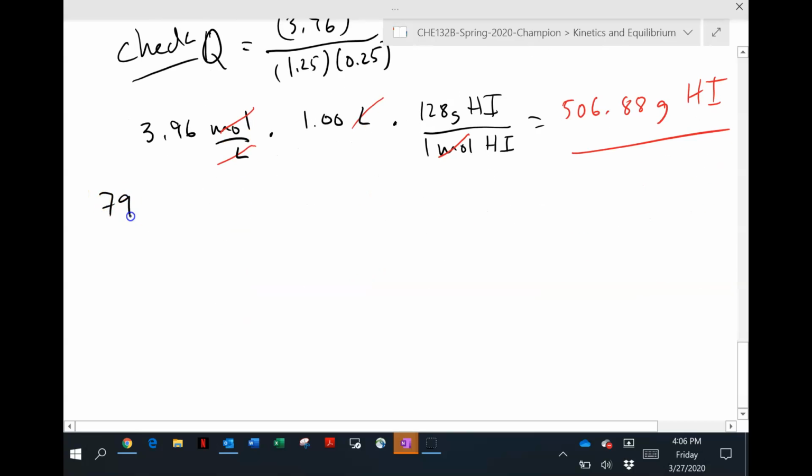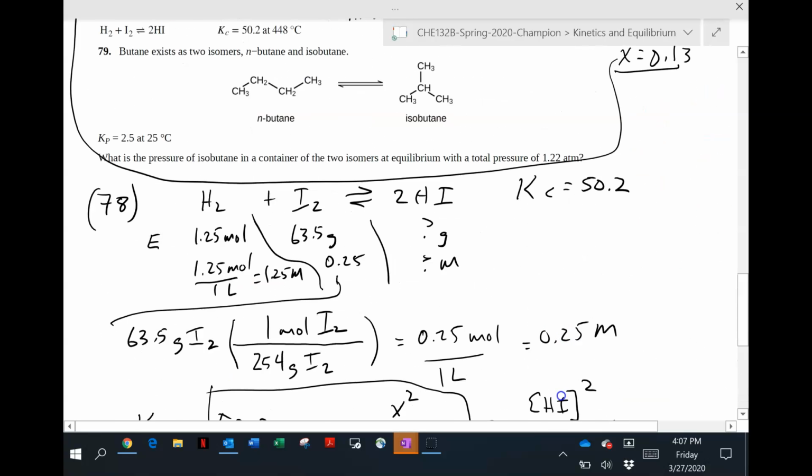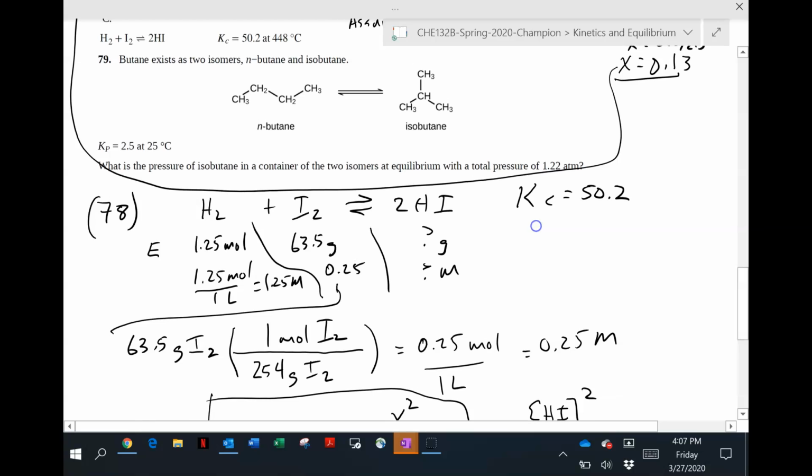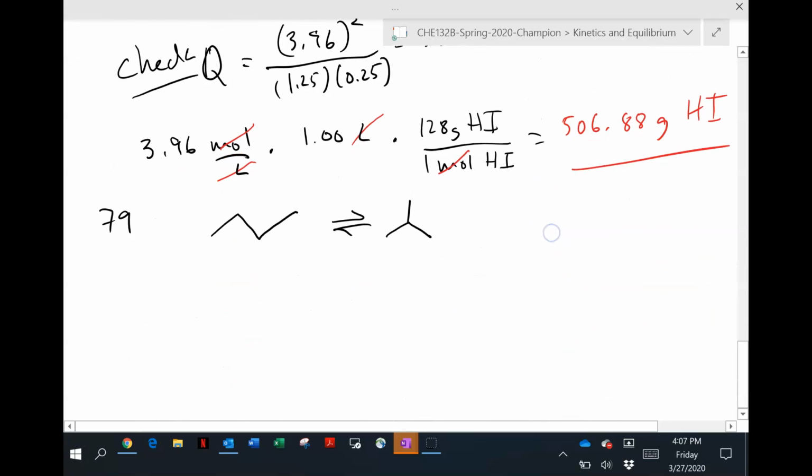So 79, we've got N-butane in equilibrium with isobutane, which looks like that, right? I'm kind of drawing that. And Kp is 2.5. So this is N-butane. This is isobutane.